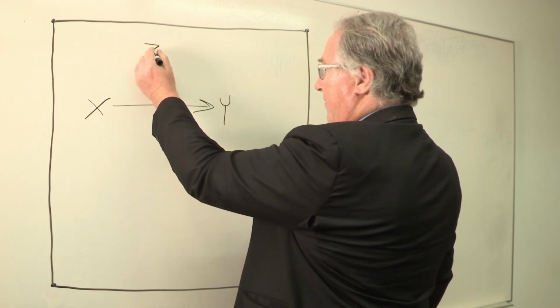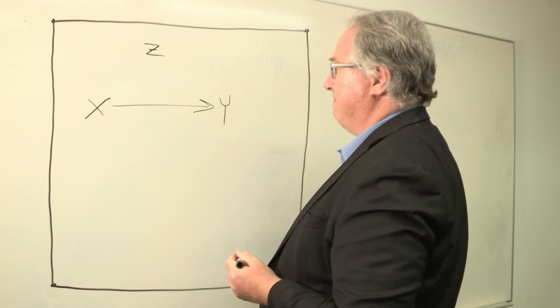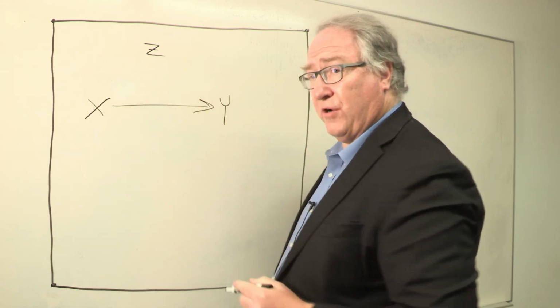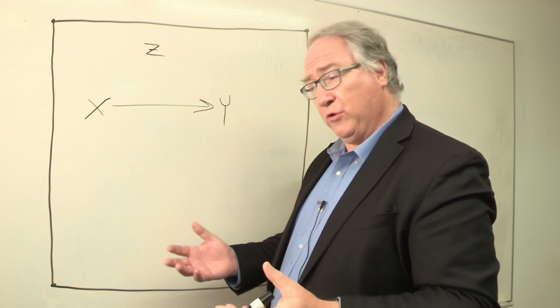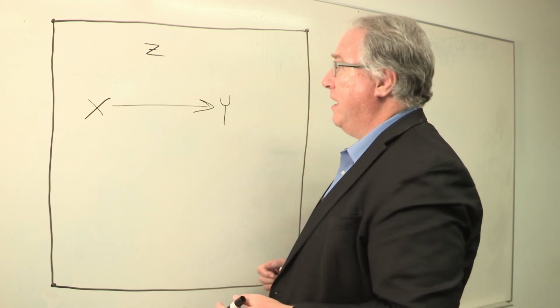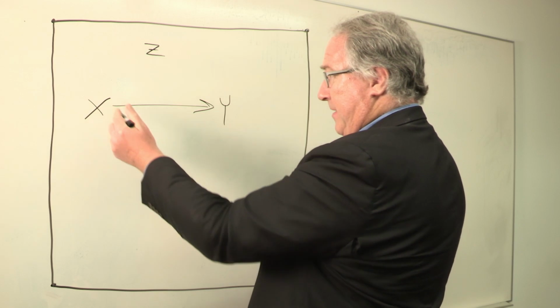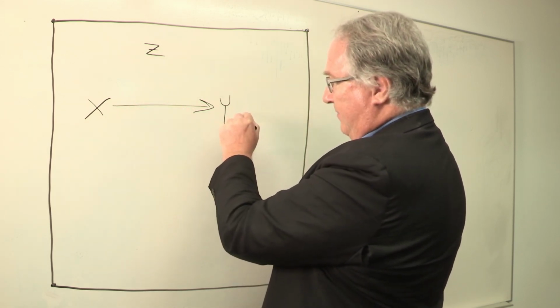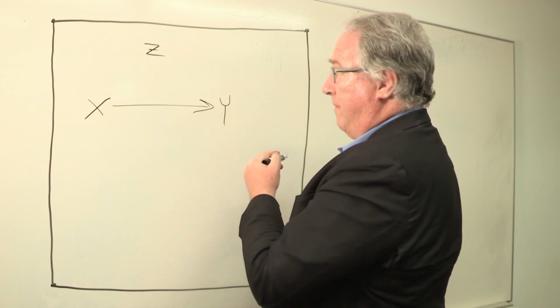I'll make a little line right here, variable z. And this is an independent variable as well. In regression, we refer to that as a predictor variable. This is also an independent variable or predictor variable. Here we have our dependent variable or outcome variable.